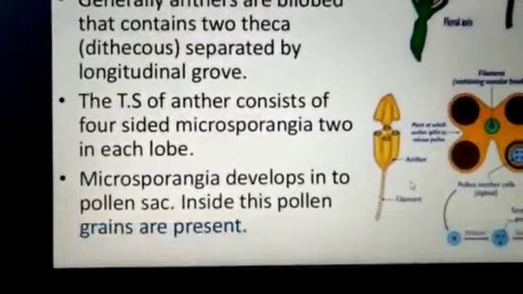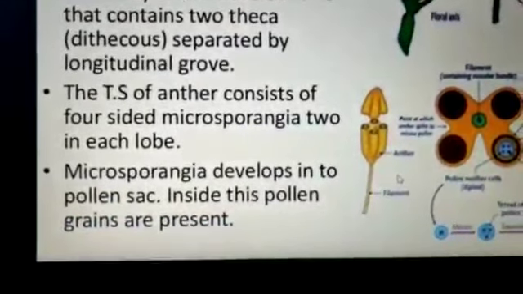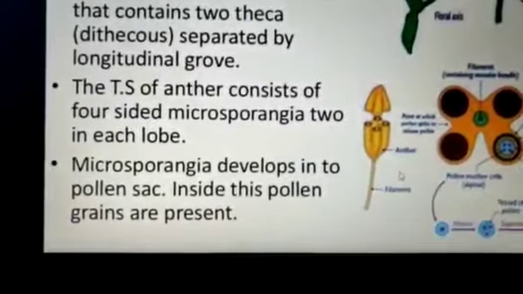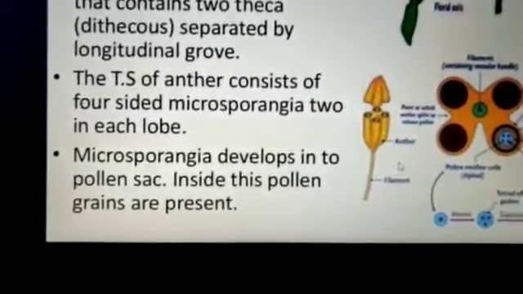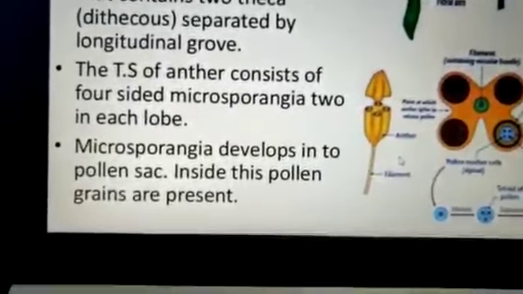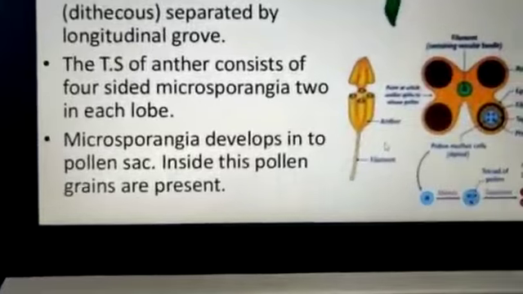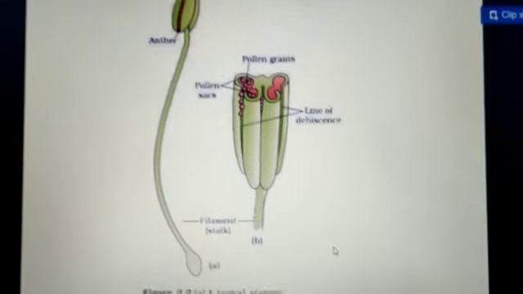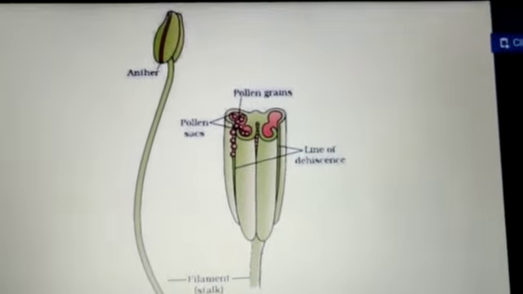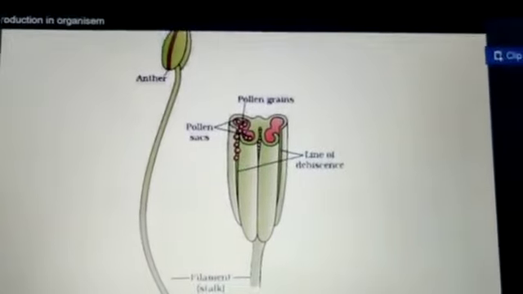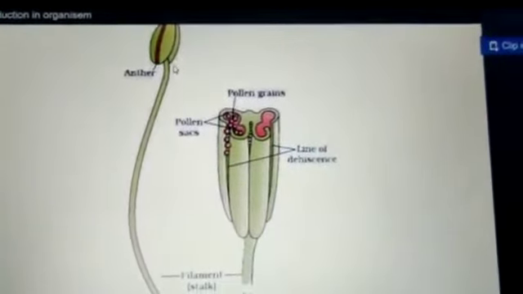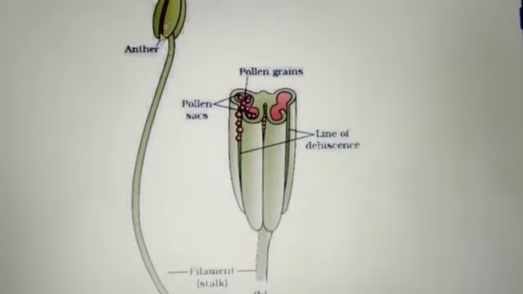The transverse section of an anther consists of 4-sided microsporangia, 2 in each lobe. Microsporangia develop into pollen sacs. Inside these, pollen grains are present. Now you just see, this is the anther and the thread-like structure, the filament.